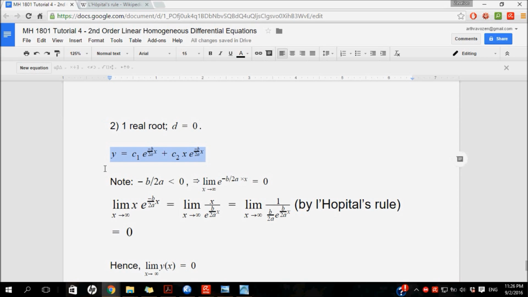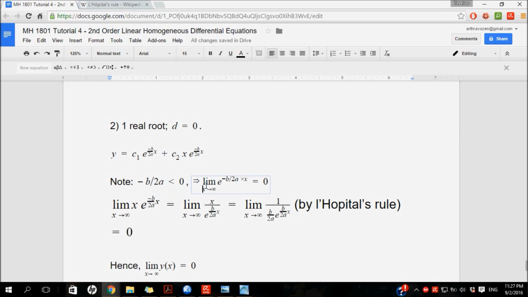Again, in the powers, here the root is present, but as you can see, it must be negative. Again, this follows from our assumption that b and a are both greater than 0, and we have a minus sign here.